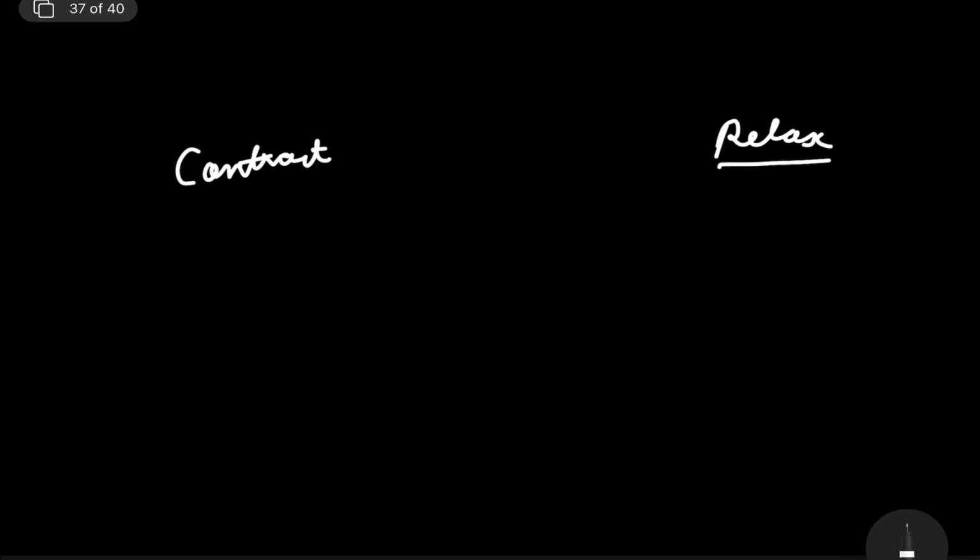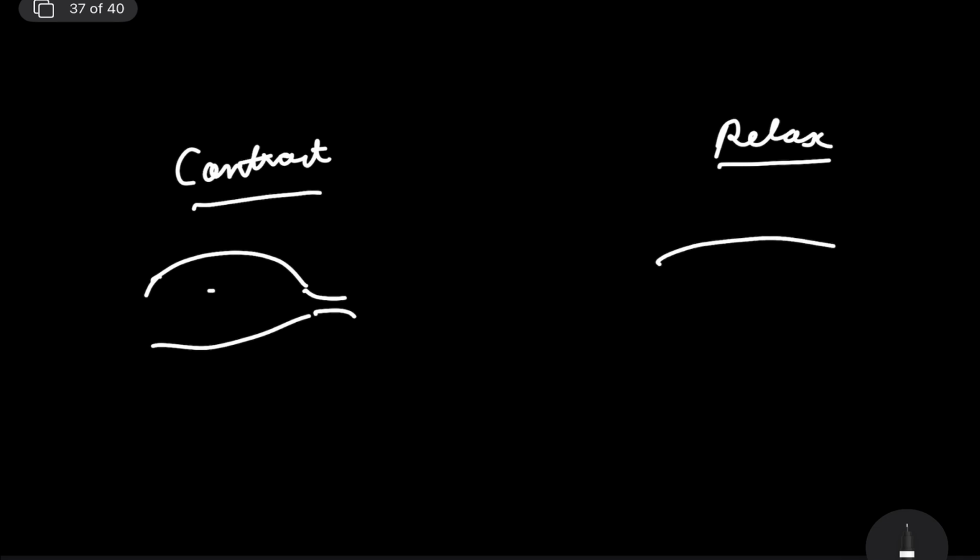What happens when a muscle contracts? When a muscle contracts, suppose this is the spindle of the muscle, it will bulge up like this. Whereas when it relaxes, if this is the muscle spindle, then it flattens like this, right?